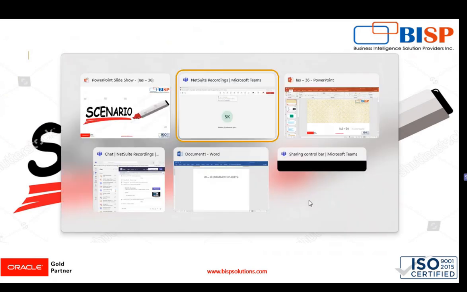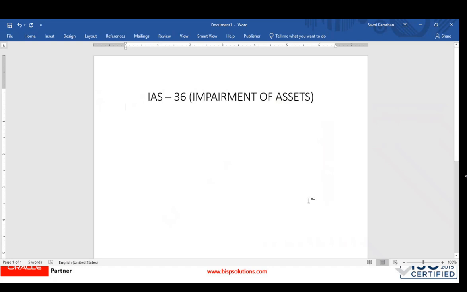Then, for example, we want to understand it clearly within a scenario. Let's suppose a company, ABC Manufacturing Private Limited, has purchased assets, let's suppose machinery, for manufacturing operations.